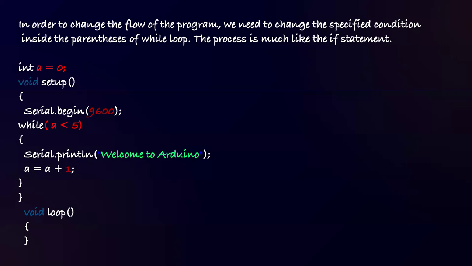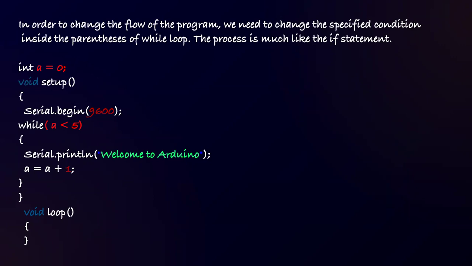So now, in this code that is given here as an example, in order to change the flow of the program, we need to change the condition. If you want to change the flow of the program, we can directly change the condition. Now, inside the parentheses of the while loop, see over here: we have declared integer a as 0, and inside void setup we have set up the baud rate first, and then we have given while a less than 5.